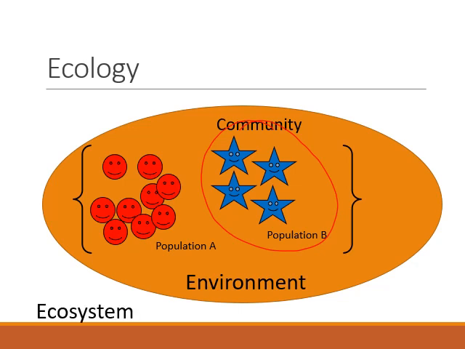A community is more than one population interacting with each other in some space. And the communities, which include the populations as well as their surrounding environment, both abiotic and biotic, make up the whole ecosystem. So the ecosystem is basically everything. It includes everything living and non-living and how organisms interact with each other and with their environment.